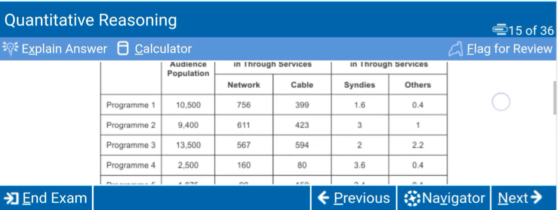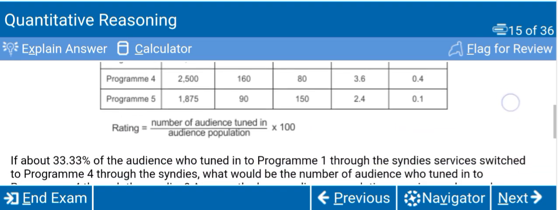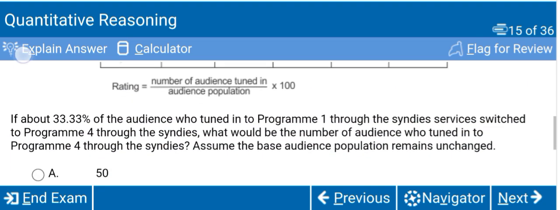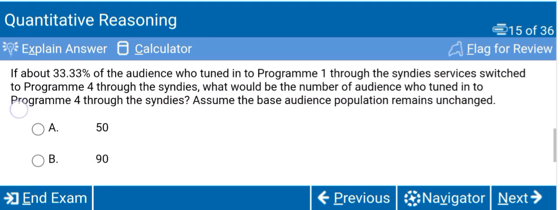Now we again have the same information in tabular form, same formula. The question is, if about 33.33% of the audience who tuned in to program 1 through the Cindy's services switched to program 4 through the Cindy's, what would be the number of audience who tuned in to program 4 through the Cindy's?